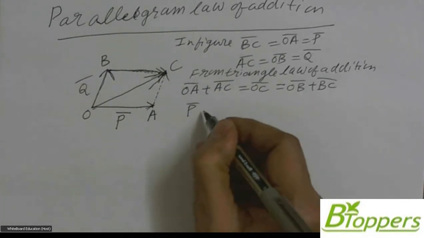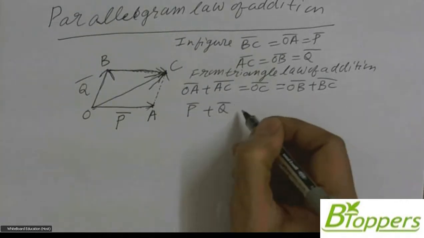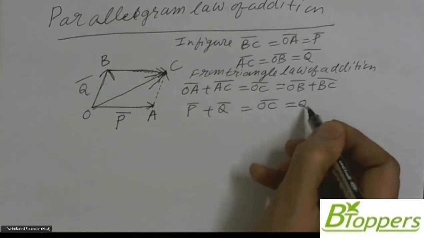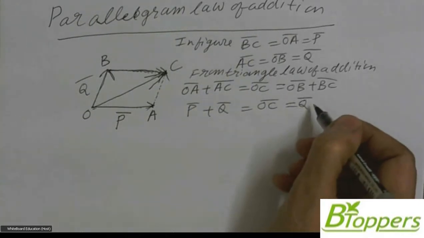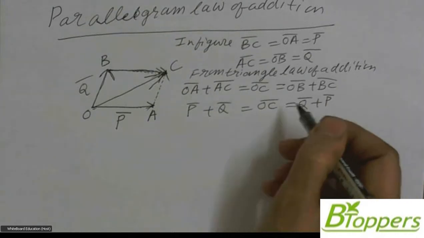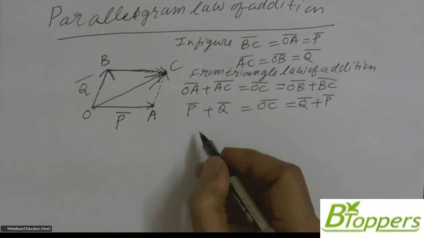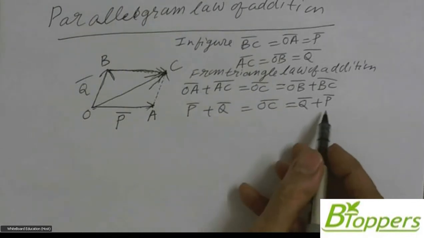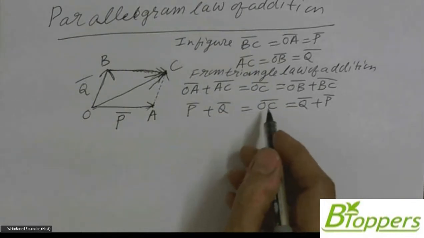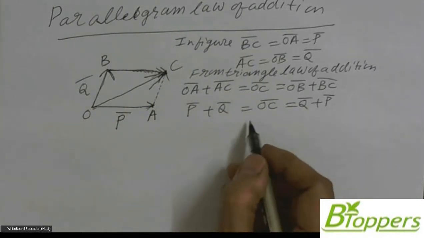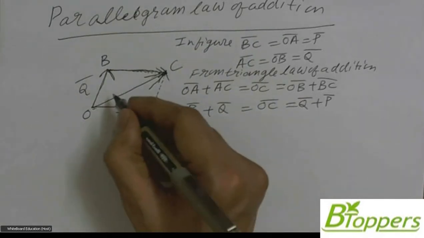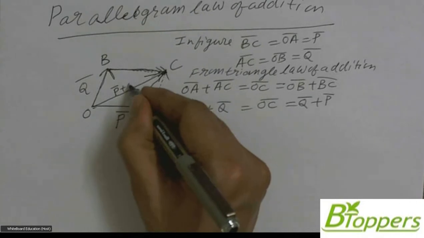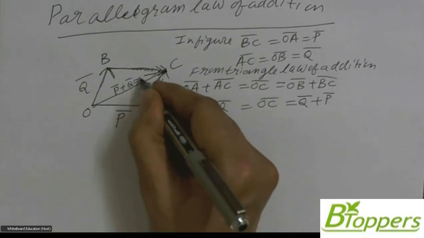That means you can write P bar plus Q bar equals OC bar. That can also be written as Q bar plus P bar. That means addition of vectors is commutative. That means P bar plus Q bar is the same as Q bar plus P bar. The resultant of the two vectors P bar and Q bar may be denoted by R bar.